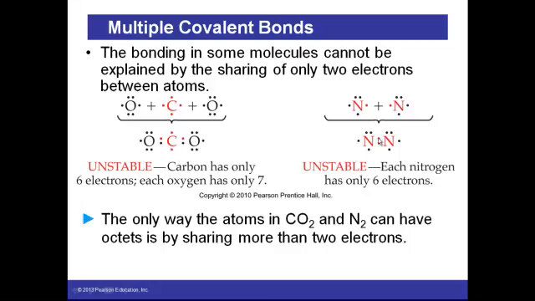So neither nitrogen in this case has reached the octet state that they would like to reach and have 8 electrons surrounding each atom. So the only way the atoms in carbon dioxide, CO2, and molecular nitrogen, or N2, can have octets is by sharing more than 2 electrons between the different atoms.